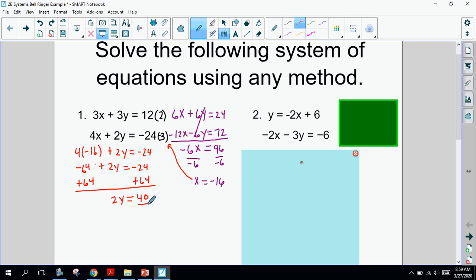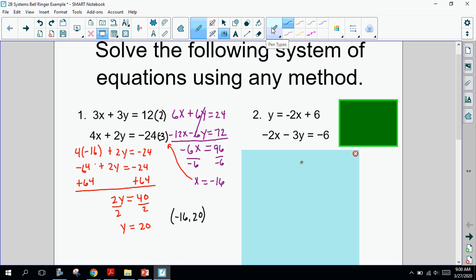We divide by 2 on each side, and the y value ends up equaling 20. All right, so the final answer on that one is the ordered pair of x is negative 16 and the y value is 20. Always want to write your answers in the form of an ordered pair.